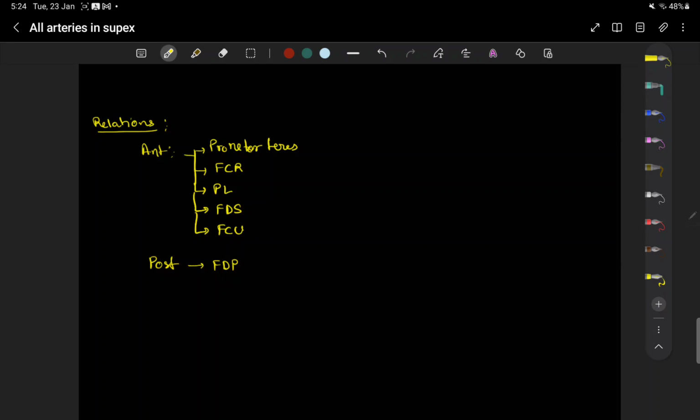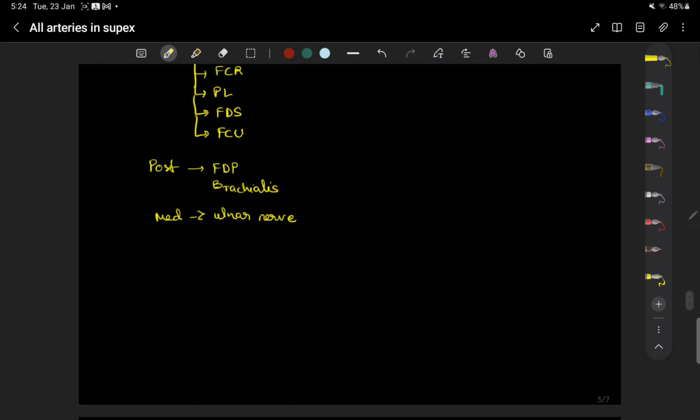And also the origin of the ulnar artery is present on top of brachialis. Okay. Medially we would definitely have the ulnar nerve, as well as the flexor carpi ulnaris. And laterally we would have the flexor digitorum superficialis.